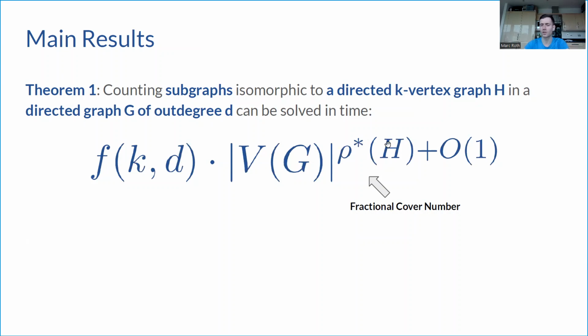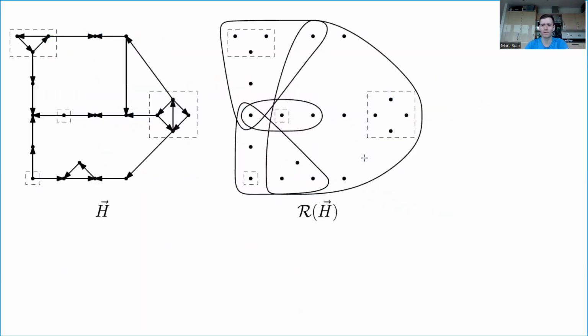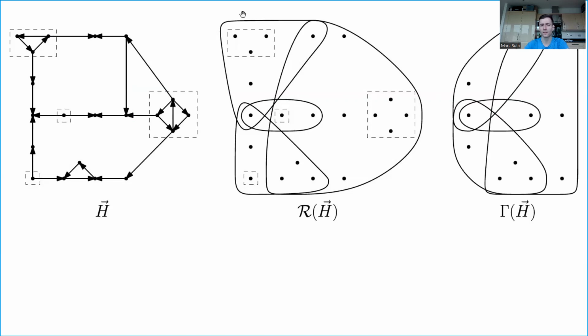Okay, so what is the fractional cover number of a directed graph? It is closely related to the fractional edge cover number. Let me go back to a directed graph H and the reachability hypergraph of H. If you delete the sources from the reachability hypergraph, you get this hypergraph here, which I'll just call gamma. And then the fractional cover number of our directed graph is defined to be the fractional edge cover number of this hypergraph.